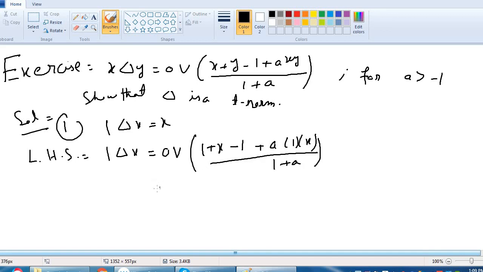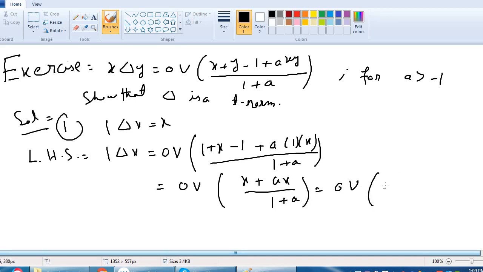We see that this is equal to 0 union, 1 is cancelled with each other, then we have x plus ax divided by 1 plus a. This is equal to 0 union, we take common x and we have 1 plus a divided by 1 plus a.